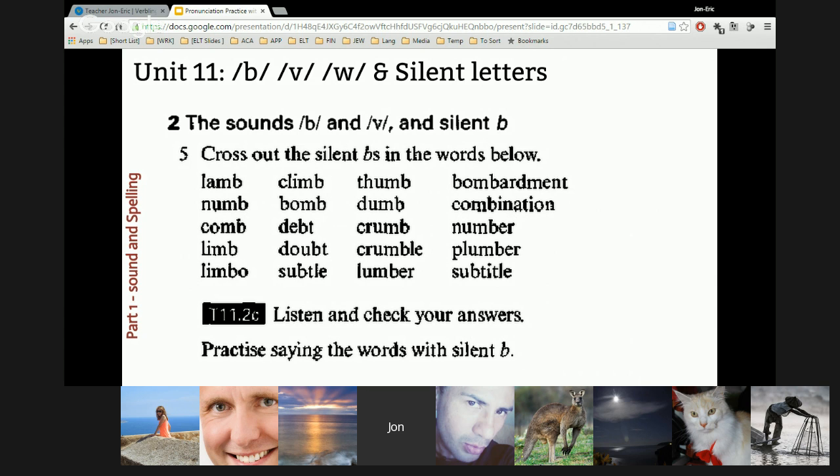So it says to cross out the silent B's in the words below. We'll work out the rule, but I want you to be aware that there's about 7 words here that are not silent. They might look silent to you, but there's actually 7 that are not silent.